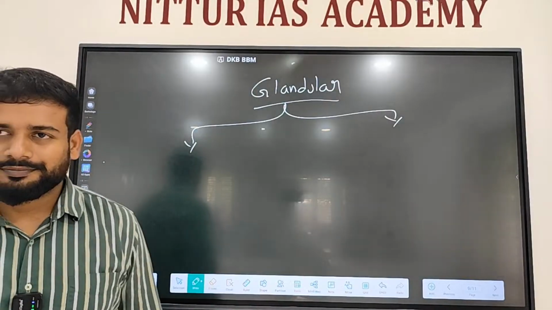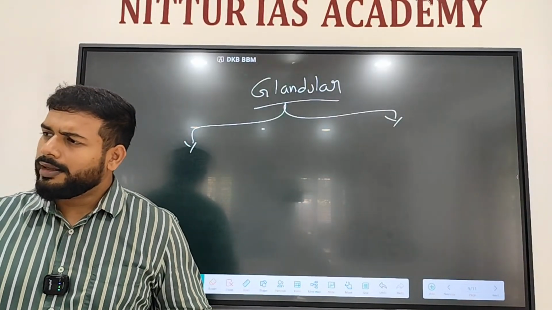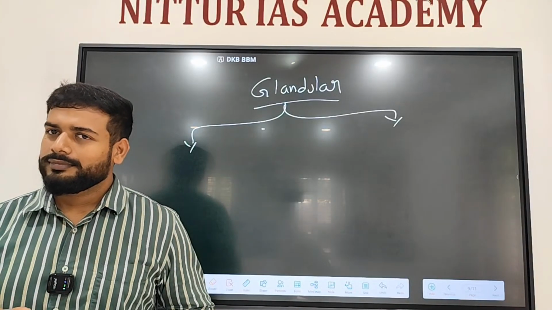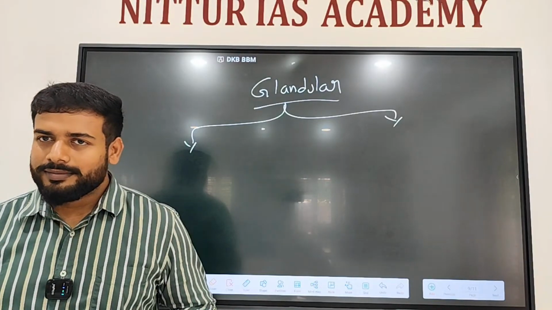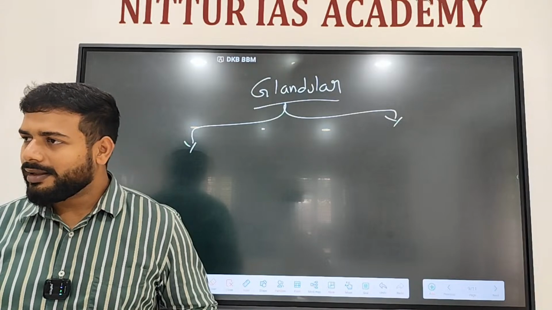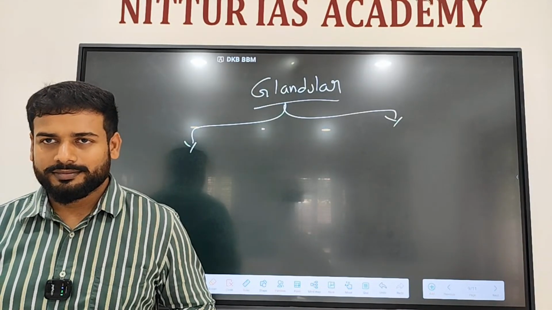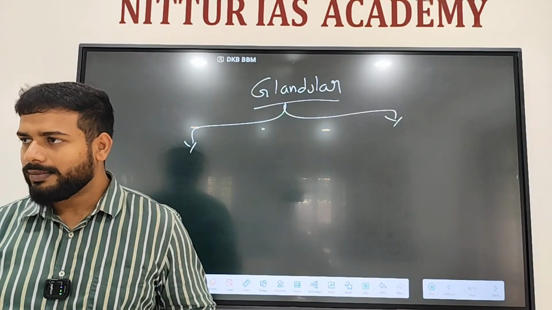Gland. Gland means, any one example for gland? Sweat gland, mucus gland, oil secreting gland, mammary gland, liver, right? Lacrimal gland, tears, lacrimal gland.